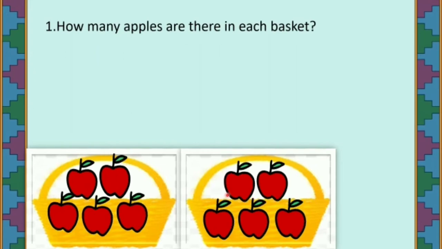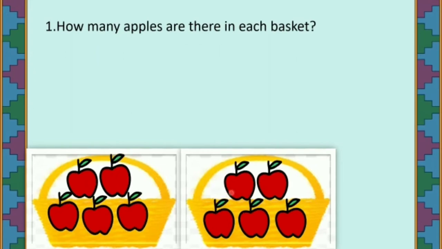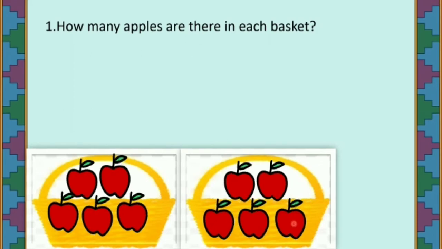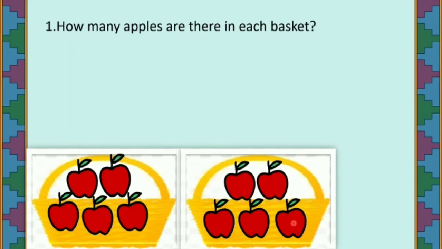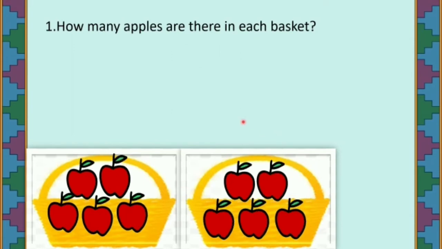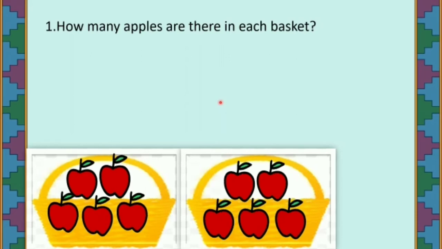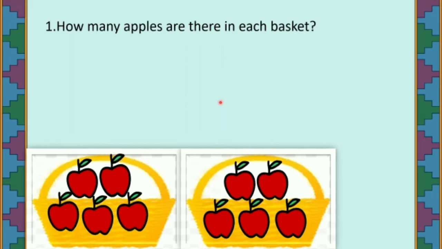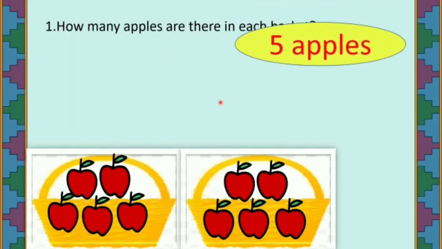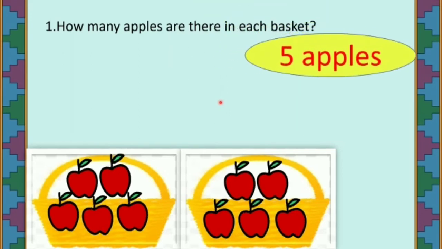Let's count the number of apples in the other basket. 1, 2, 3, 4, 5. So in both the baskets the number of apples is the same. Children, now what should be the answer here? There are 5 apples in each basket.